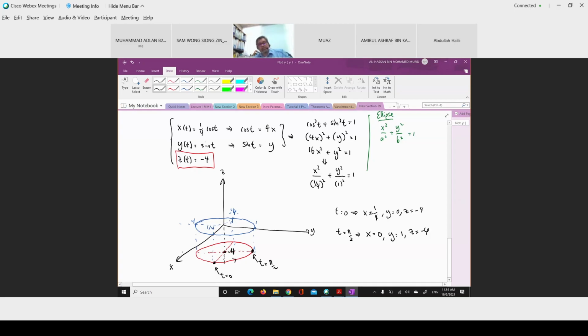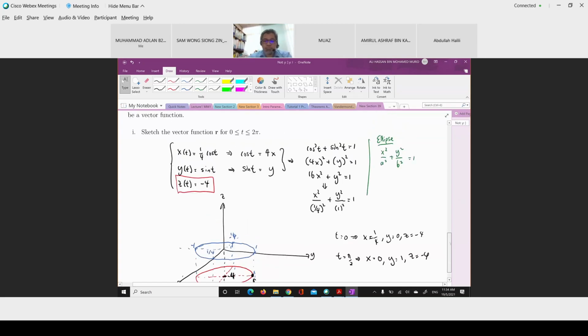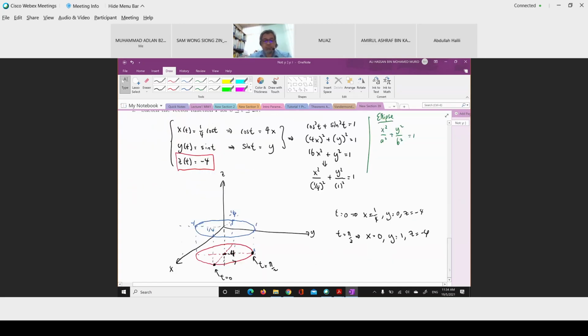Okay, so sometimes we do have questions on vector curve, vector function sketching, in the final exam. But for more complicated vector valued functions, of course sometimes we have to use a computer to help us sketch.